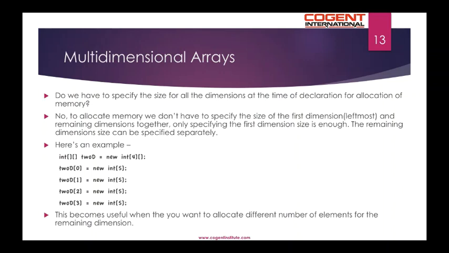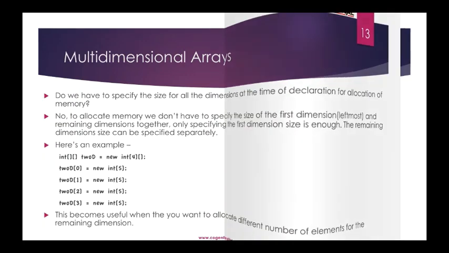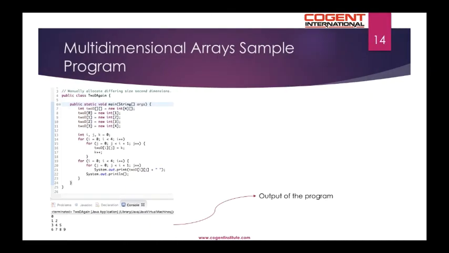So this becomes useful when you want to allocate different number of elements for the remaining dimensions. So in this case, varying number of columns. Let's look at it with an example. So here we have a two-dimensional array with only the first dimension size specified, which says 4 rows, and the number of columns for each of the rows is specified later on.